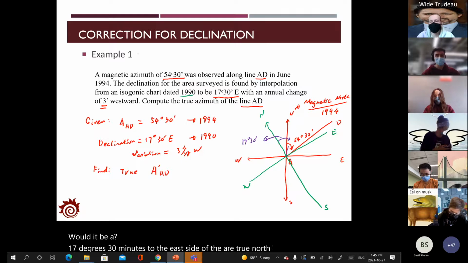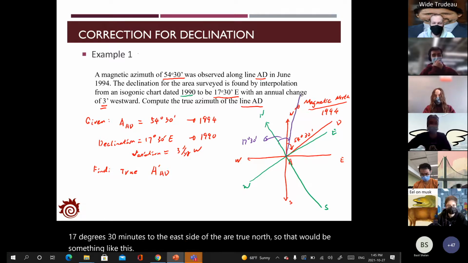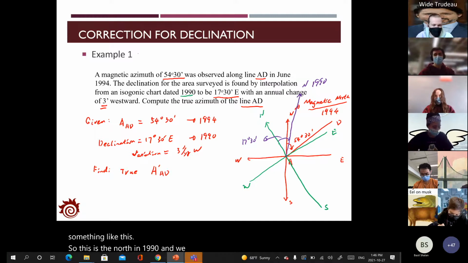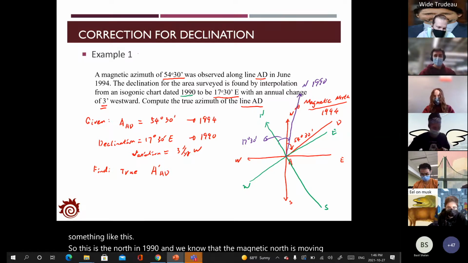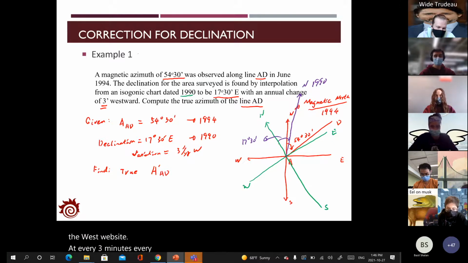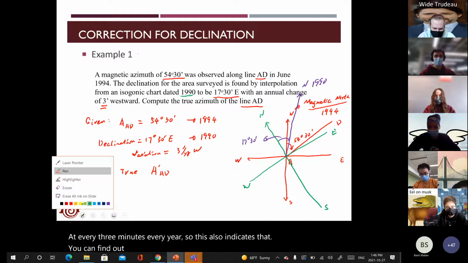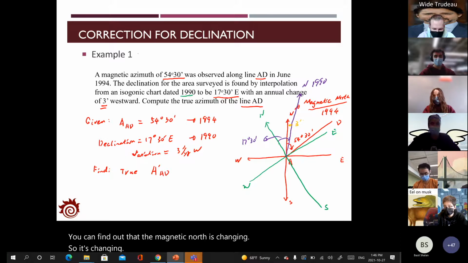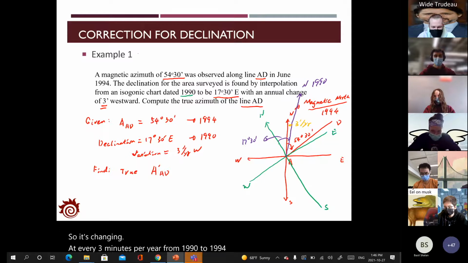So that would be something like this. This is the magnetic north in 1990. And we know that the magnetic north is moving to the west side by 3 minutes every year. So this also indicates that the magnetic north is changing, at 3 minutes per year from 1990 to 1994. With that, in 1994, you will see the magnetic north is located at that position.